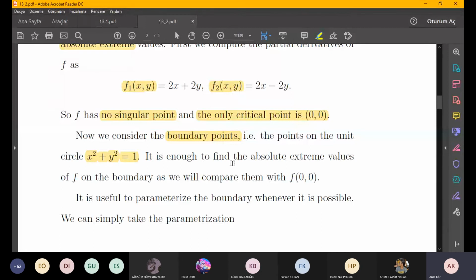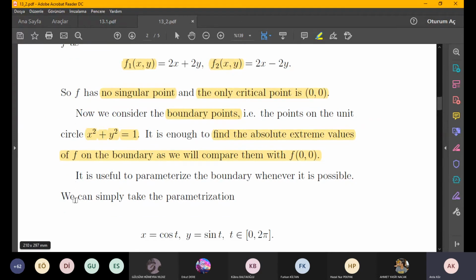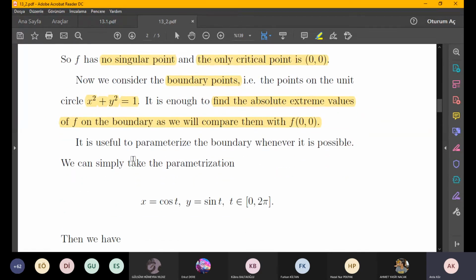It will be enough to find the absolute extreme values of f on the boundary points, and then compare those with the value of f at the critical point, which is the value of f at the origin. The next step is to parameterize the boundary whenever it is possible.